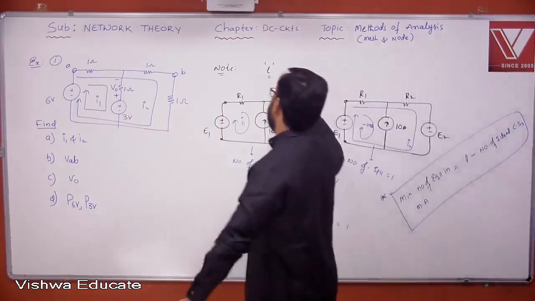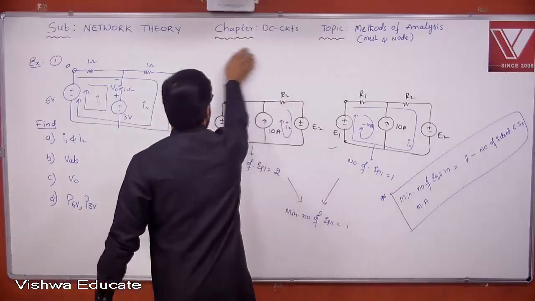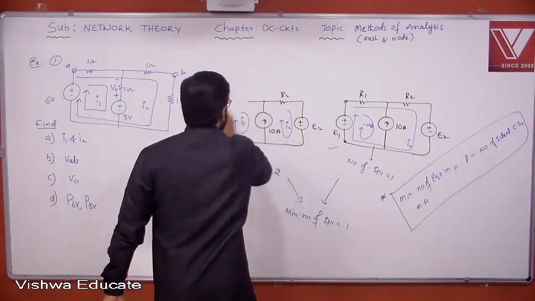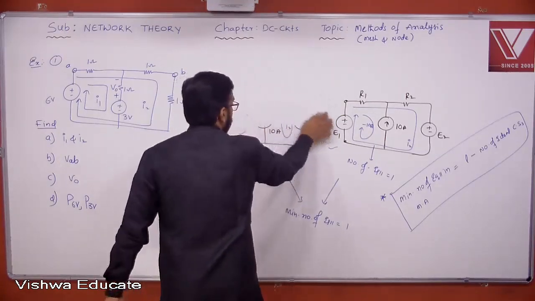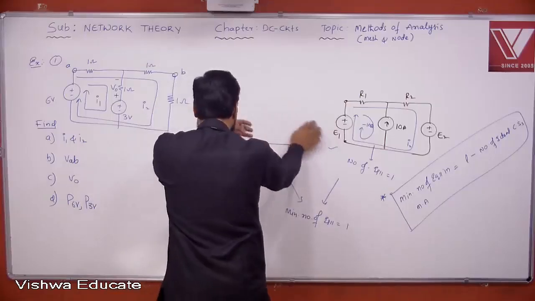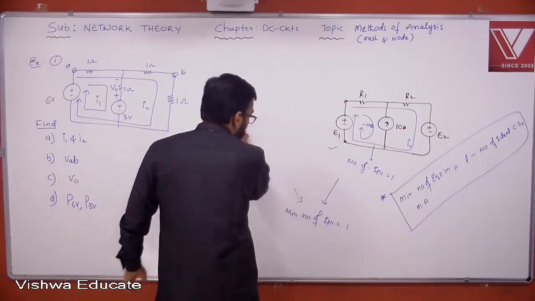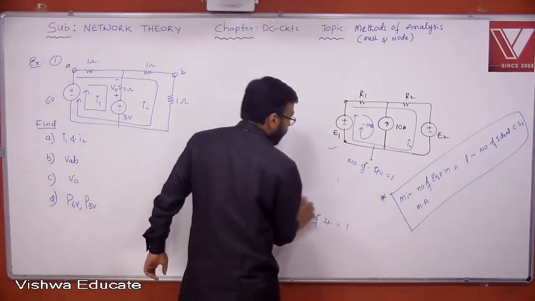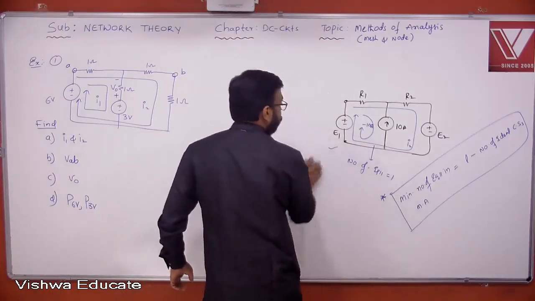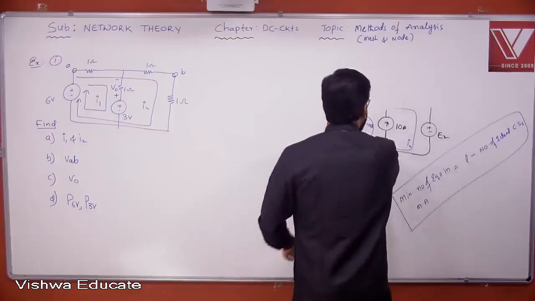Now let us try to apply only mesh analysis here as of now. After discussing node analysis, we will decide for a given network which method is the best method. In fact, you will be in a position to identify or judge properly which method is the best method for a given problem. That you can easily identify.